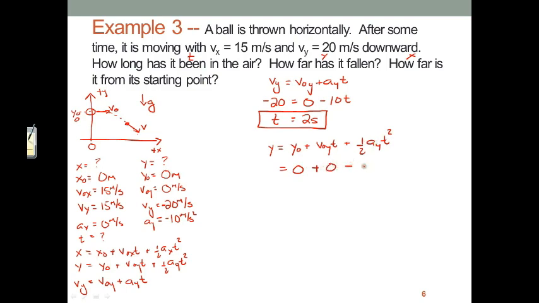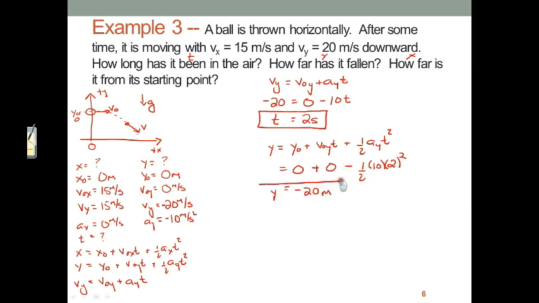A sub y is minus 10, so again I've moved the minus sign out in front. T I just found is 2. I need to square it. Okay, so 2 squared is 4. 4 times 10 is 40. 40 divided by 2 is 20, but watch out, there's a minus sign, so it's negative 20 meters.